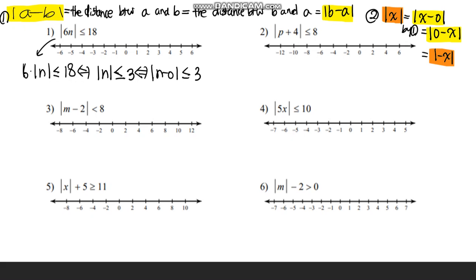So 0 is right here, and n could be here, and n can be here, but n cannot be over here, because if n was here, then the distance between n and 0 would exceed 3. Therefore, the answer for this one is between -3 and 3. So n is stuck in between -3 and 3.